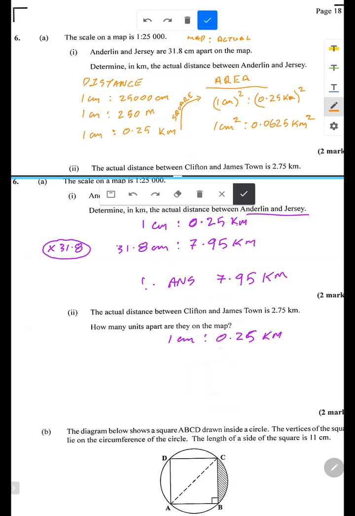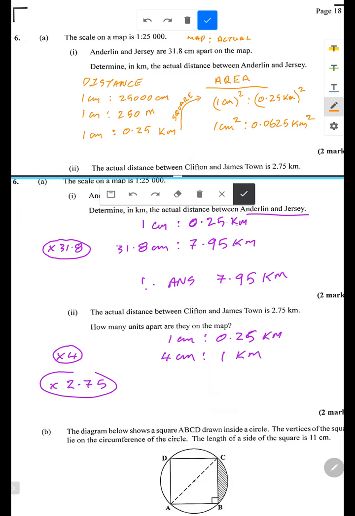So I want this side to become 1 first. Since it's 0.25, I can multiply by 4 first. Multiply by 4, my ratio becomes 4 centimeters to 1 kilometer. And then I want the 1 kilometer to become 2.75, so I multiply again by 2.75.